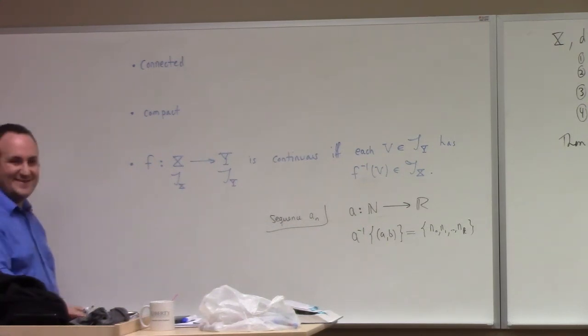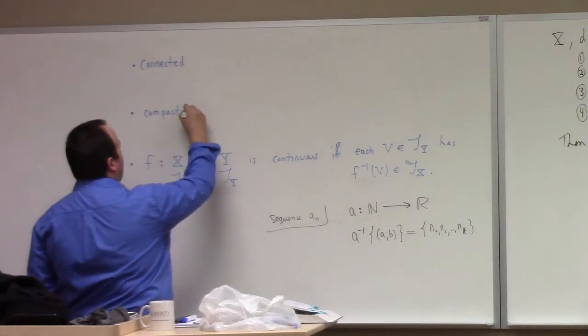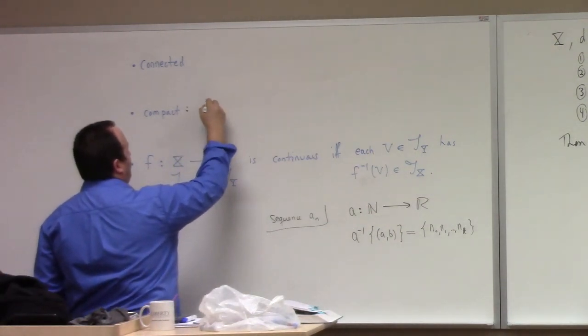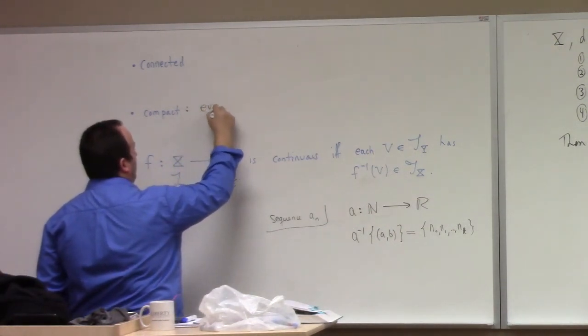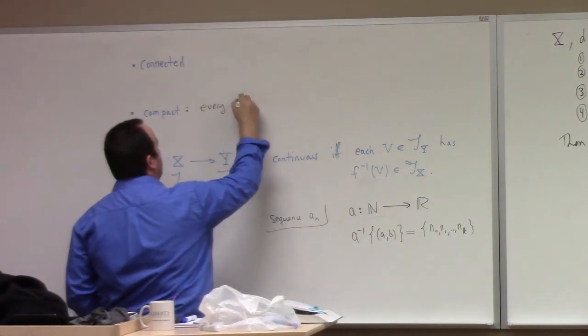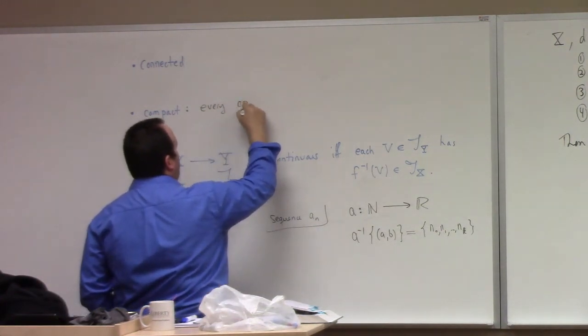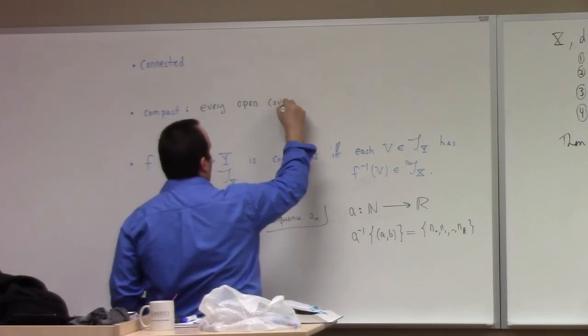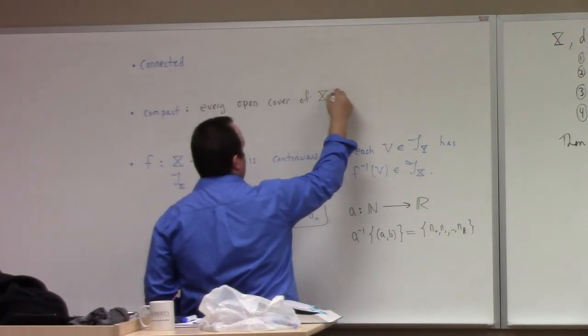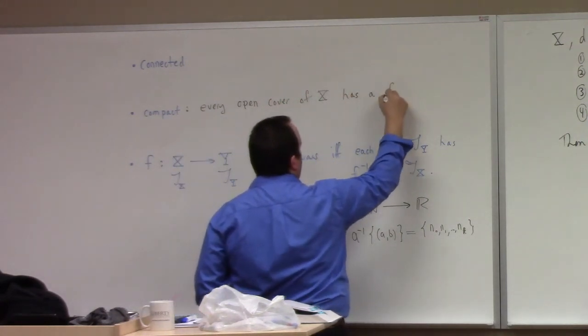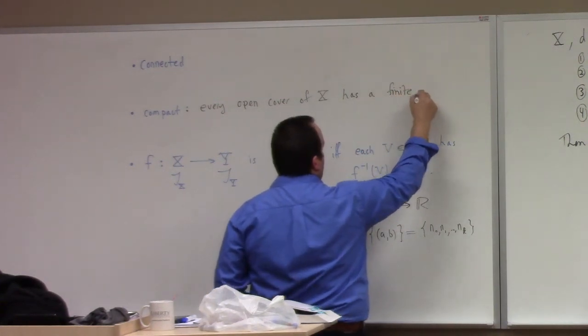Compact, what's compact? So a compact set has the following property: every open cover of X has a finite subcover.